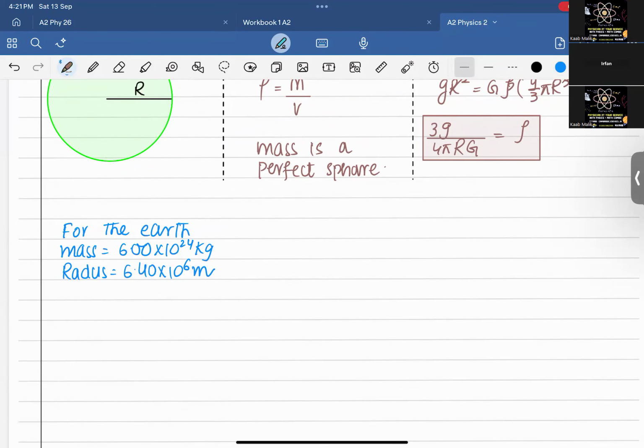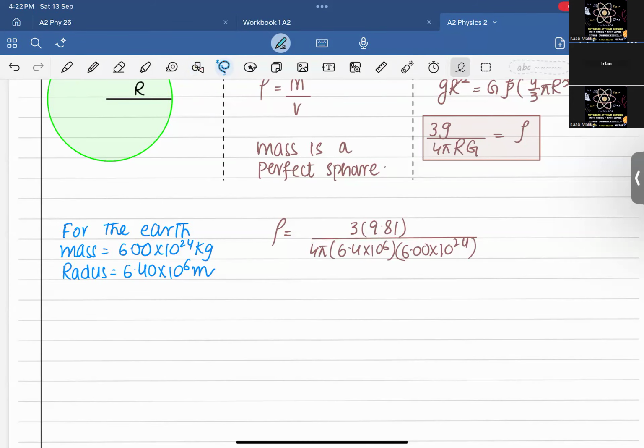Yes. So 3, you know that the gravity at the surface of the Earth is 9.81, divided by 4 pi, and then r is going to be the radius, which is 6.4 exponent 6, and mass is going to be 6.00 exponent 24, and you can work that out.